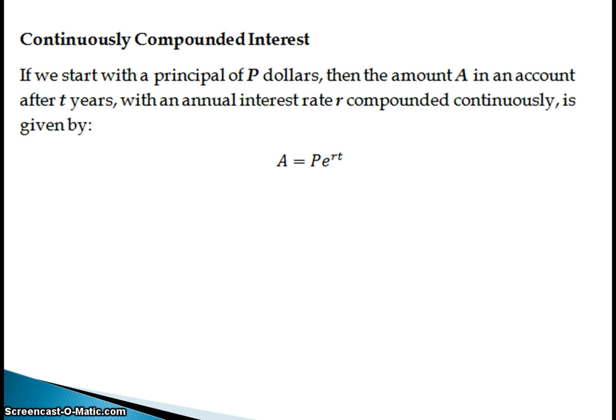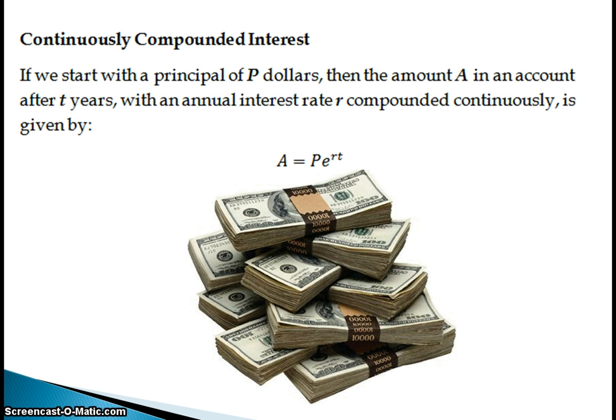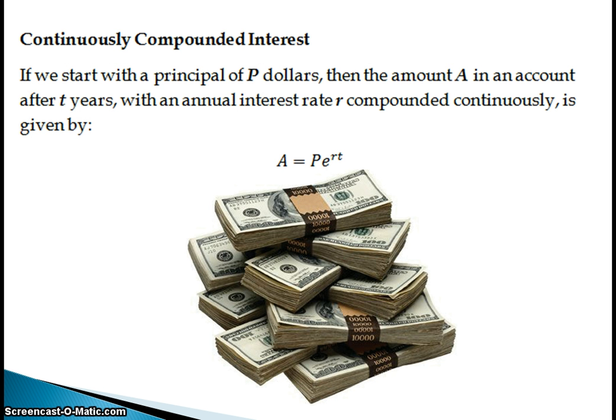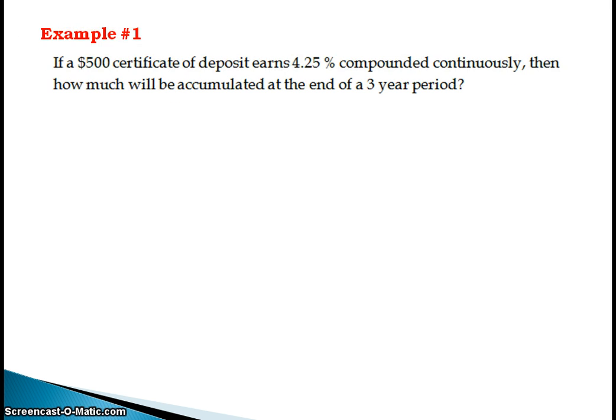R is the interest rate, usually expressed as a percentage, and of course P is what we started with, and E is the constant e, Euler's number. Now, let me go back. Make sure that you have this formula written down and that you have defined everything in the formula.